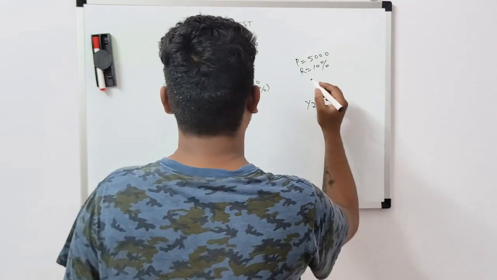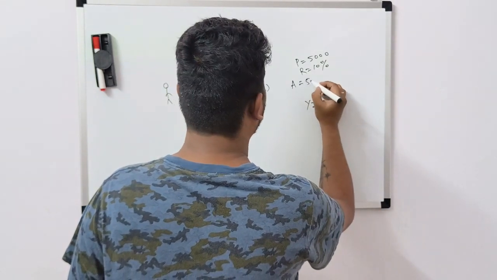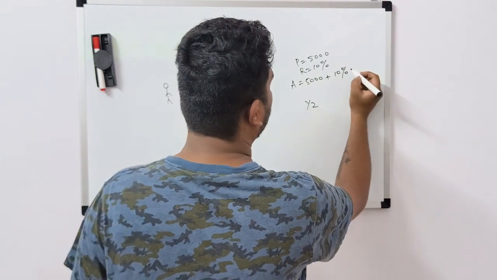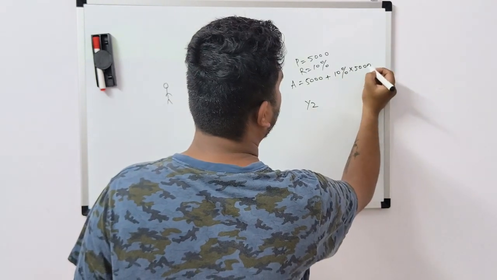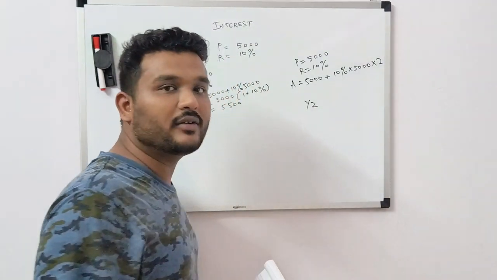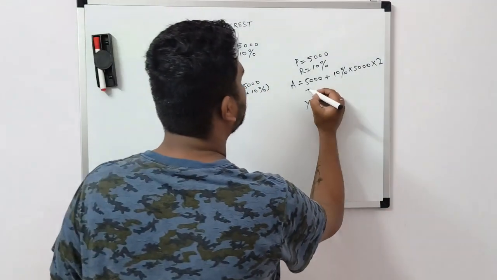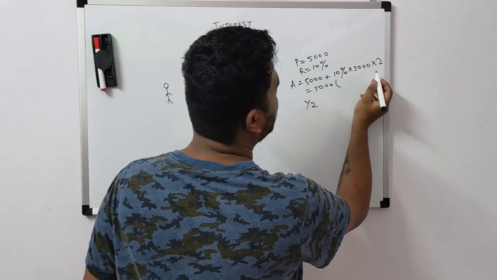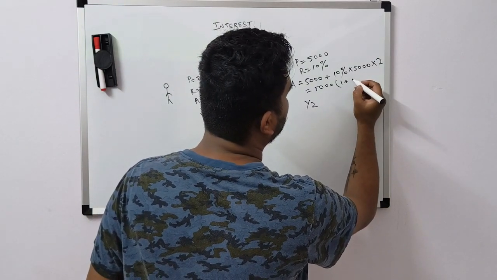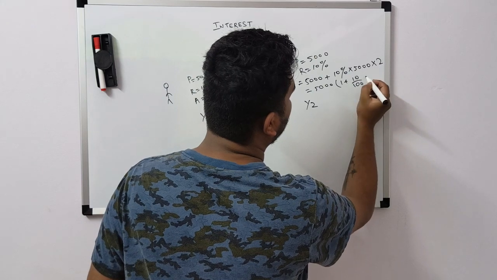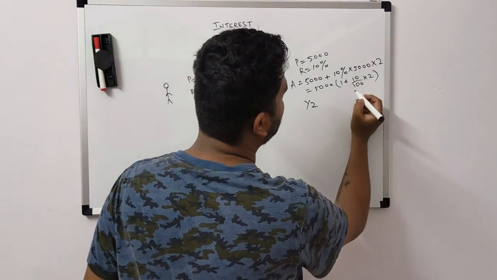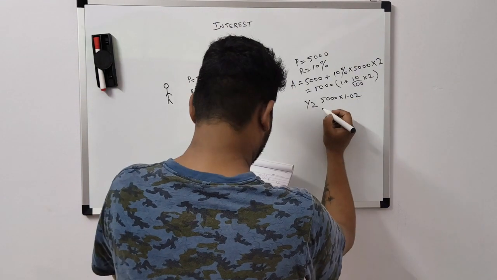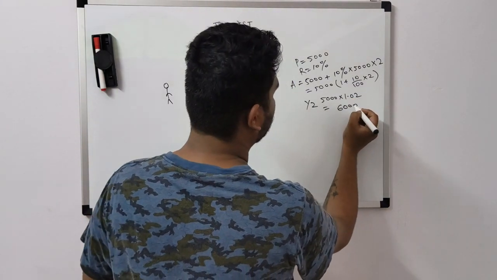Now, the amount will be 5,000 plus 10% of 5,000 into 2 years, because now it is happening for 2 years. So this calculation becomes 5,000 times 1 plus 10 upon 100 into 2, so this comes out to be 1.2 into 5,000, or 6,000 rupees.